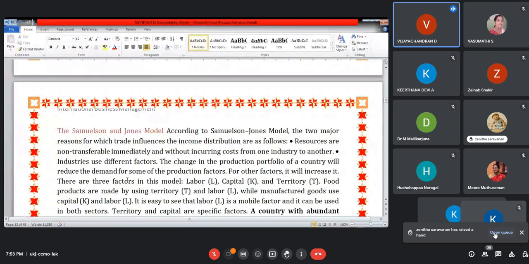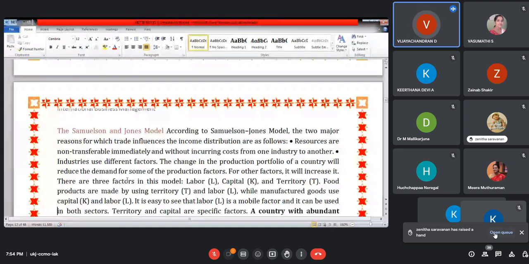Samuelson-Jones model, the keyword I'm selling: factor theory, factor of production theory. In the case of the Samuelson-Jones model, the trade is based on the non-transferable factor available in one country.